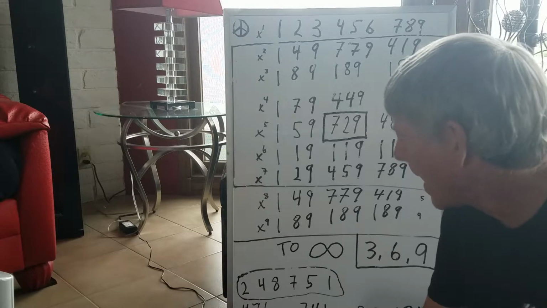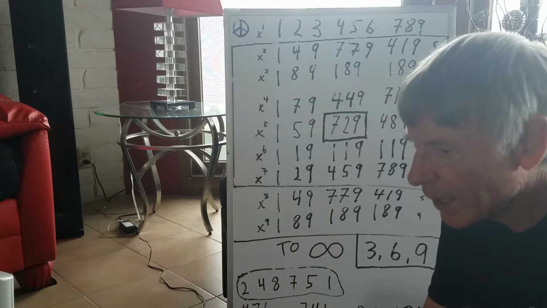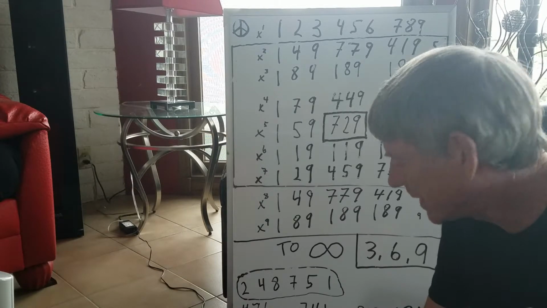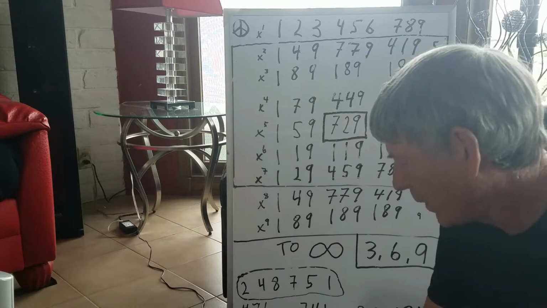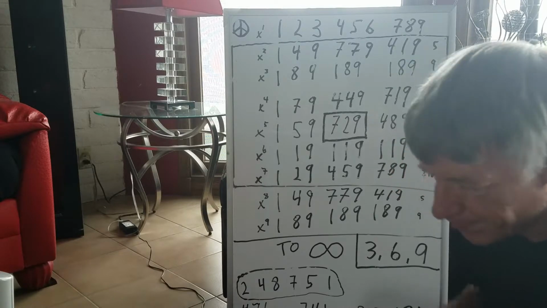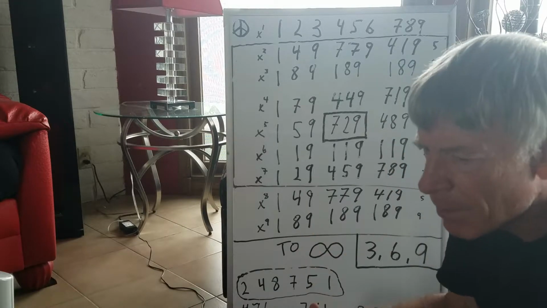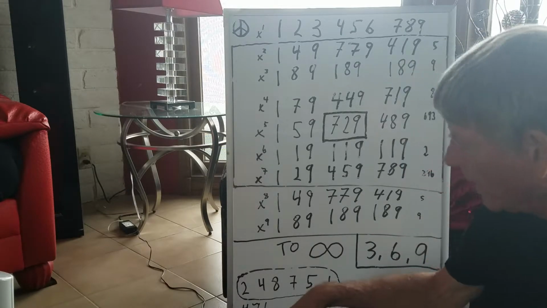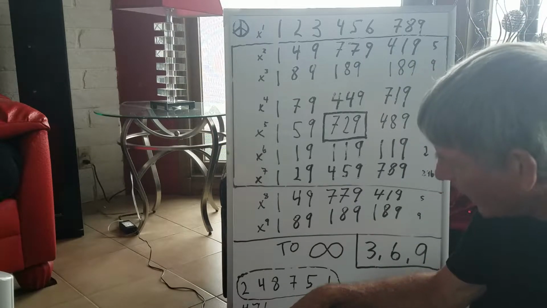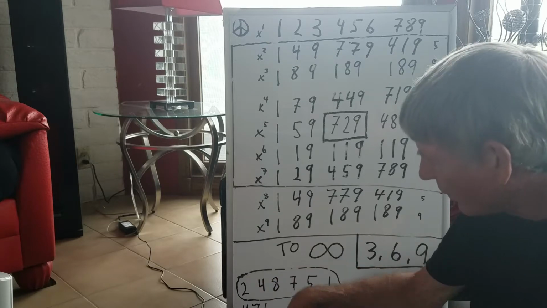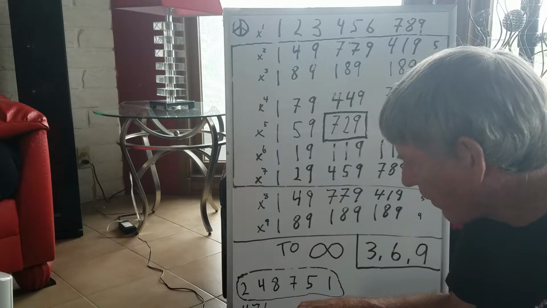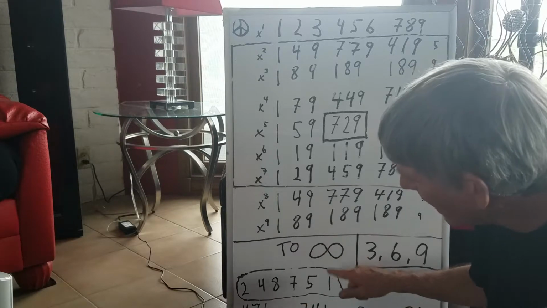If we triple 1, we get 3. If we triple 2, we get 6. If we triple 3, we get 9. But any number tripled will always follow the sequence 3, 6, and 9. So for today, we're going to just go over this 248751, and to repeat myself from the first lesson.